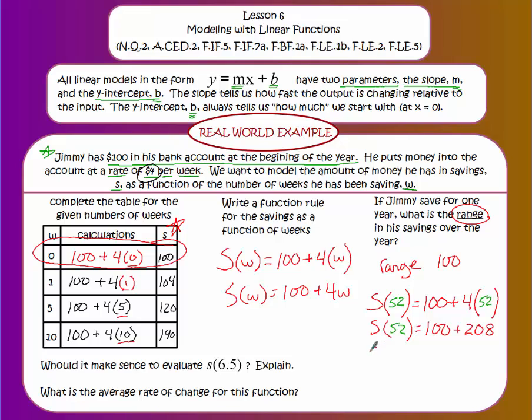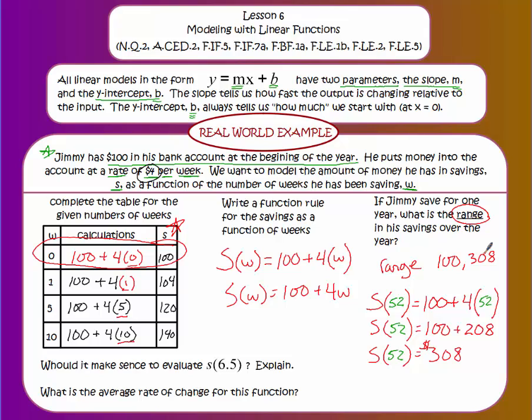And so S of 52 equals 308. So at 52 weeks, he has $308. So the range in his savings over the year is from $100 to $308.